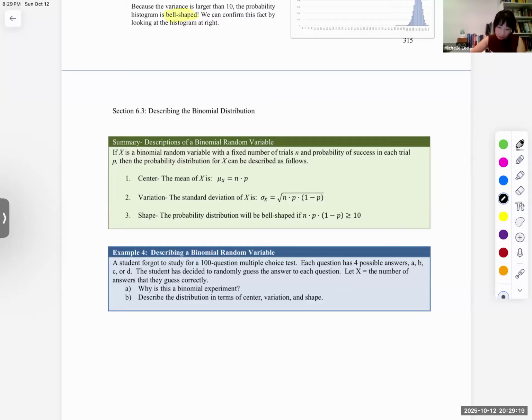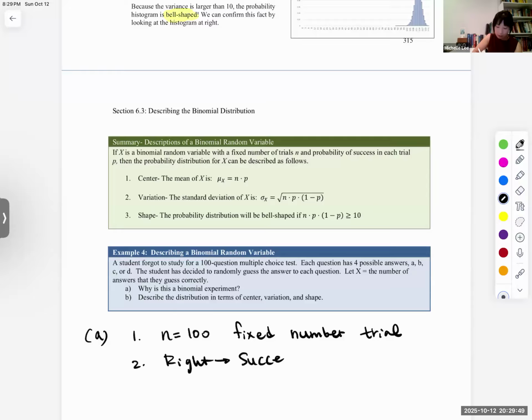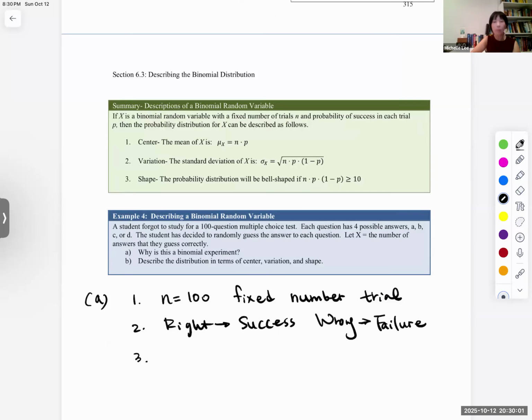Okay. So the first one, fixed number of trials, is it? 100? Okay, good. 100. Fixed number of trials. Number 2, success, or wrong, failure, right? Okay, what's the probability?